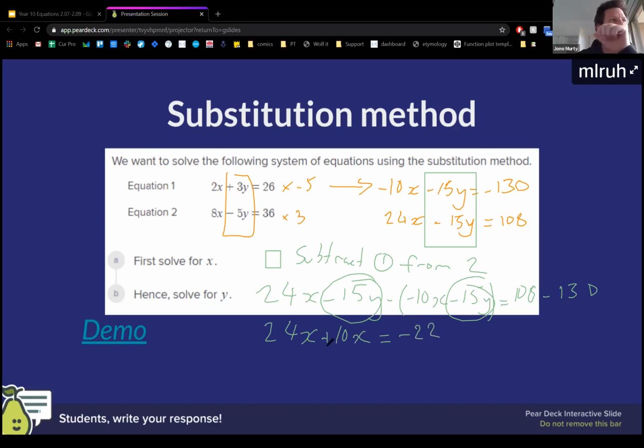Oh, this is not looking right. 34x equals minus 22. Is that correct? Wouldn't have thought it was, but let's just press on and see.